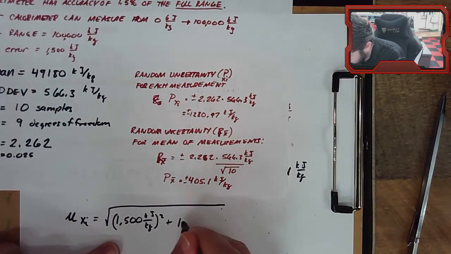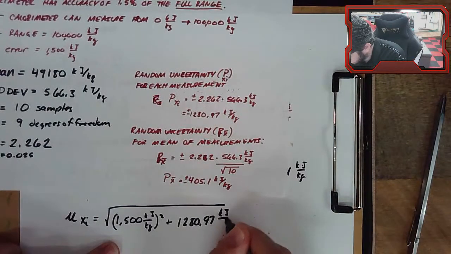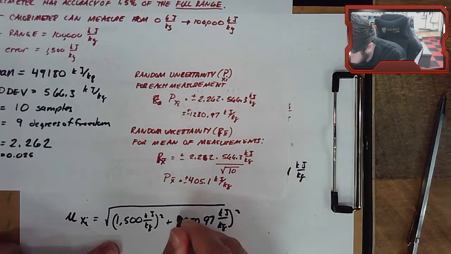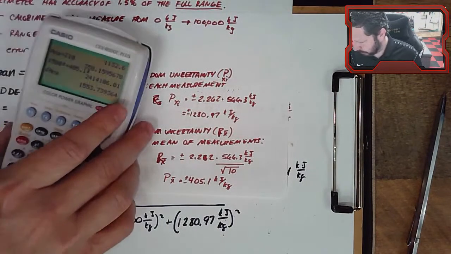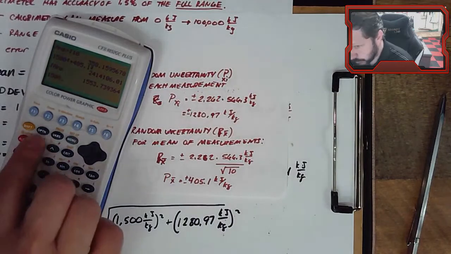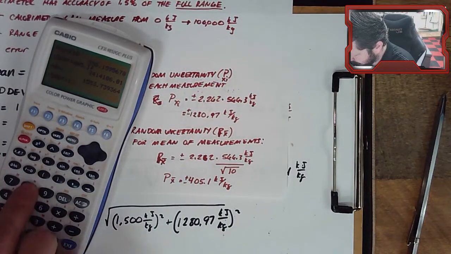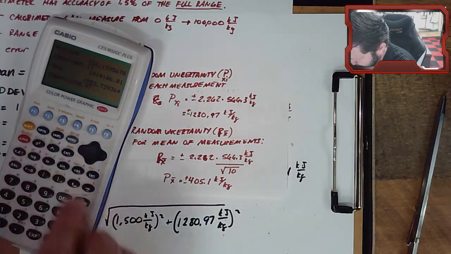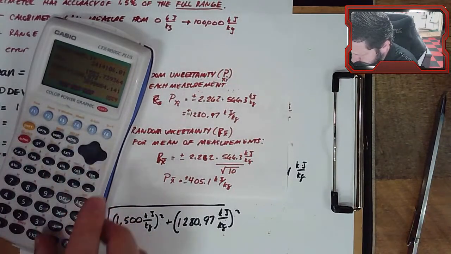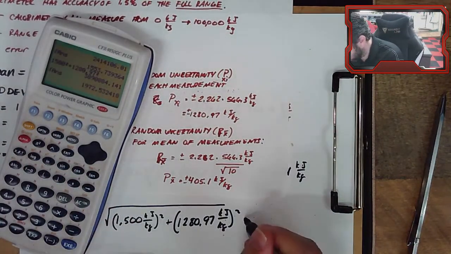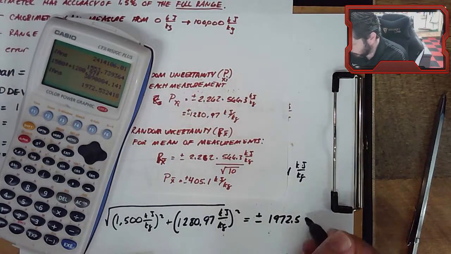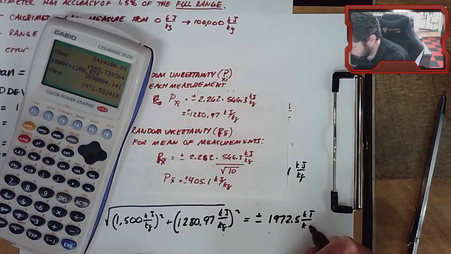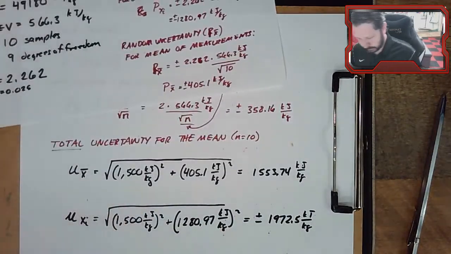So plus 1280.97, and we square that. So 1500 squared plus 1280.97 squared. Square root of that is 1972. So it's plus or minus 1972 kilojoules per kilogram.